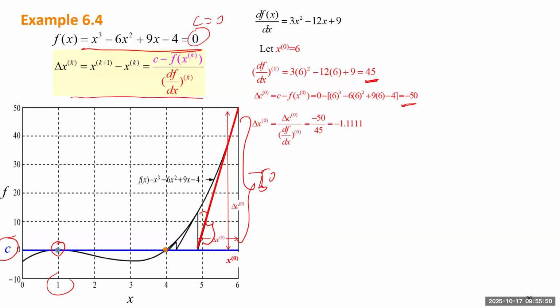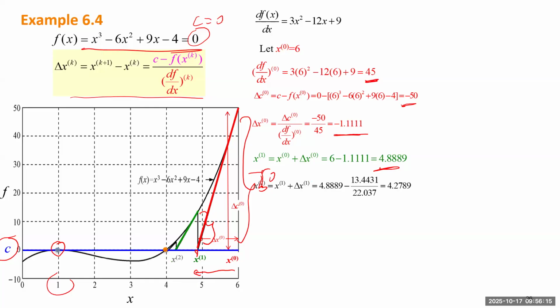It tells you x needs to be updated by negative 1.1, which means you need to move to the left by 1.1. So that gives you a second guess of the value. And for the second guess, x will be around 4.8.